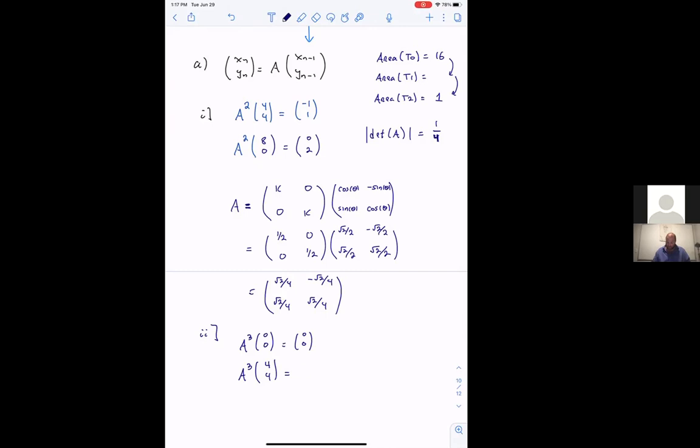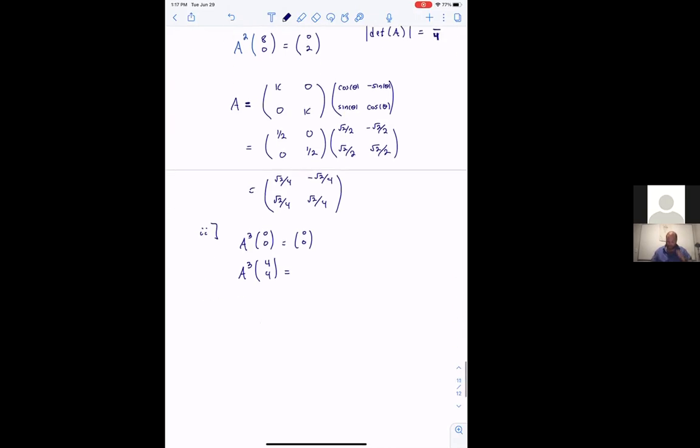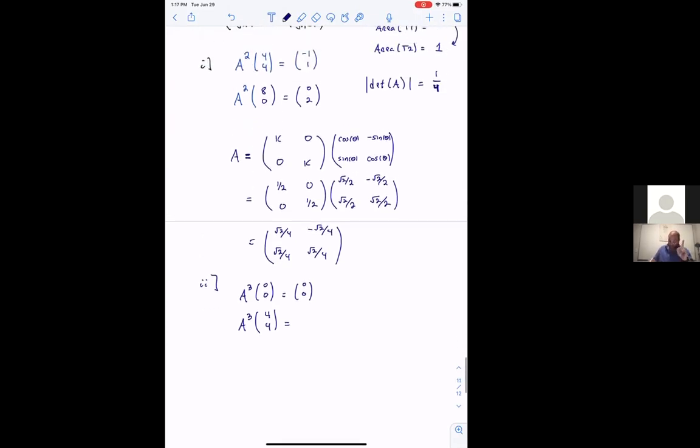I mean, I have A, and I can certainly raise A to the 3rd power, but if I use radicals, my calculator will not give me exact coordinates, which means, aha, this is the same thing as A acting on A squared acting on 4, 4, which is the same thing as A acting on negative 1, 1.